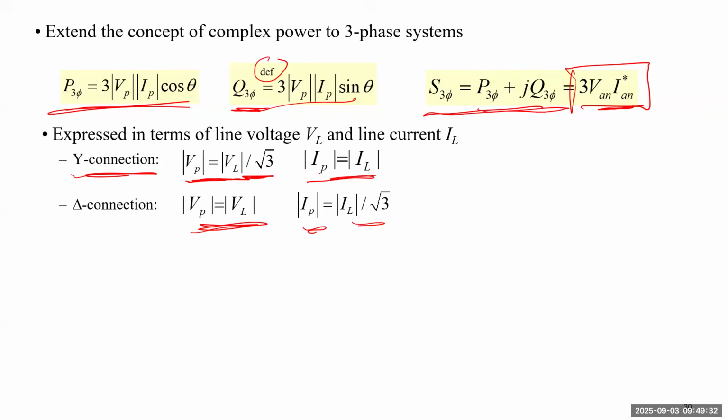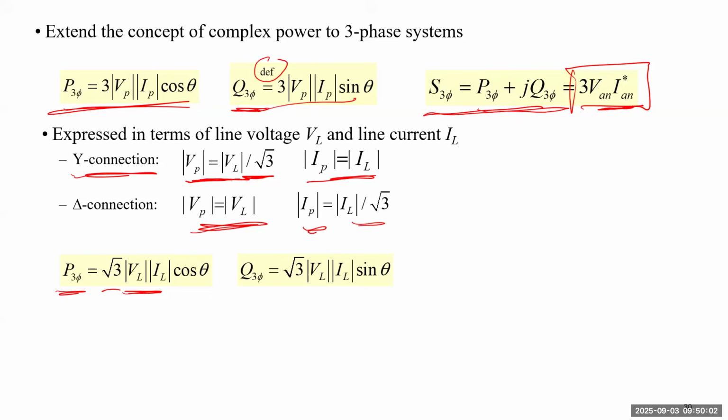So how can we utilize the measurements to calculate three-phase complex power? If we use the line-to-line voltage and line current, which are more easily measured, we can prove the three-phase complex power will be the root of 3 multiplied by the product of line-to-line voltage, line current and power factor.